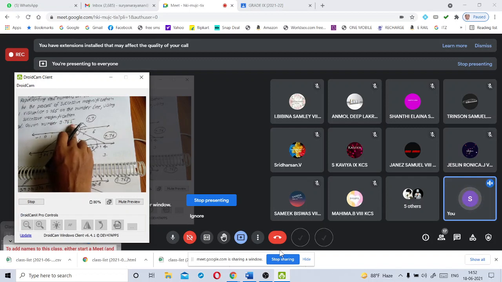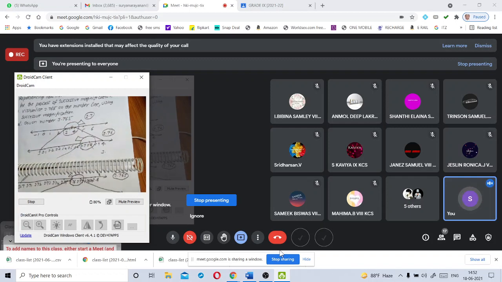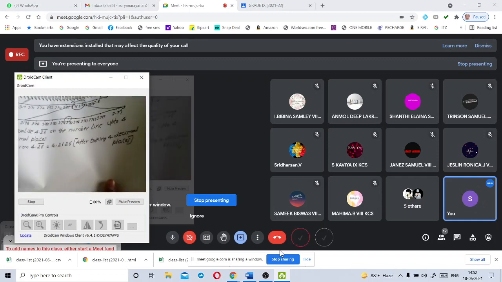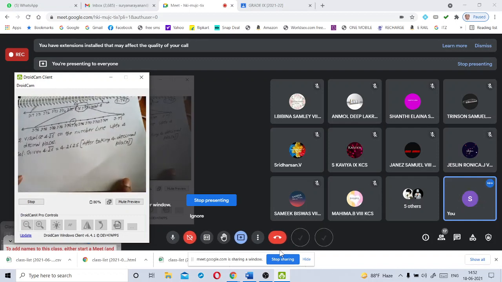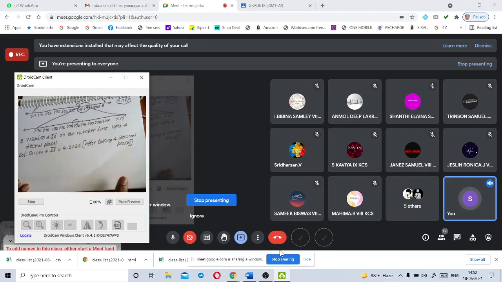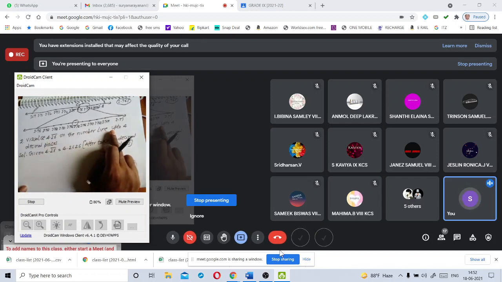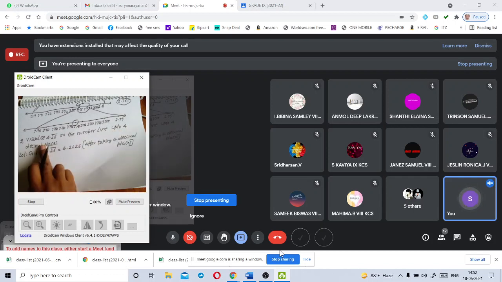Whereas in the second question, they did not give a terminating decimal number directly. They have given a non-terminating recurring decimal number and gave a condition that we have to visualize this number up to 4 decimal places. That is why I wrote this number 4.2626.